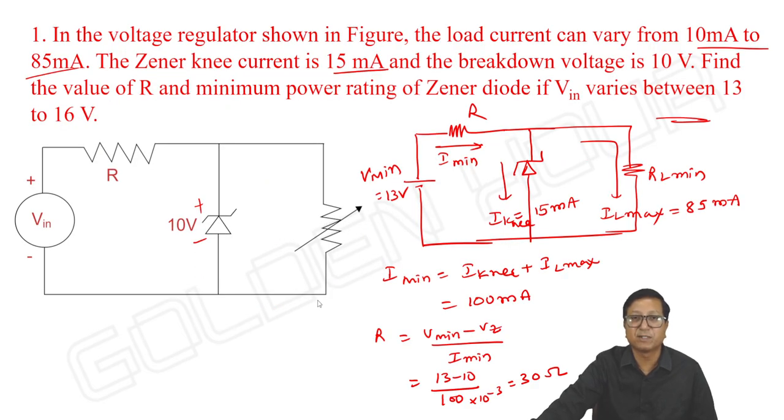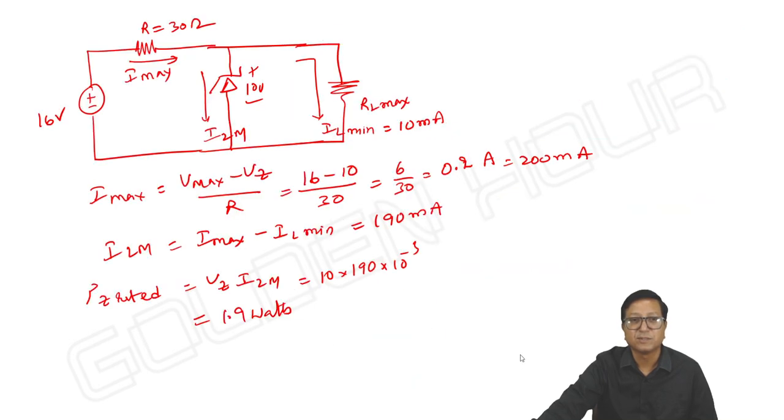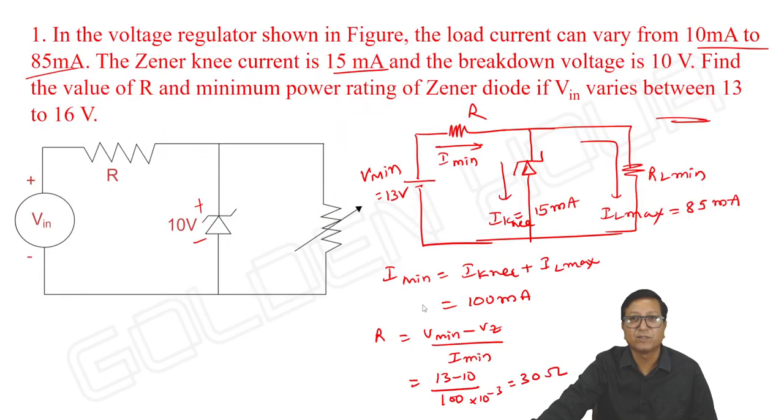This is the minimum power rating of the Zener diode. IL minimum is 10. So this is the idea.